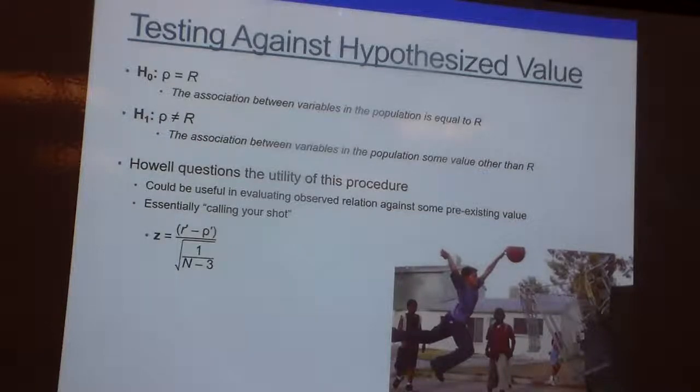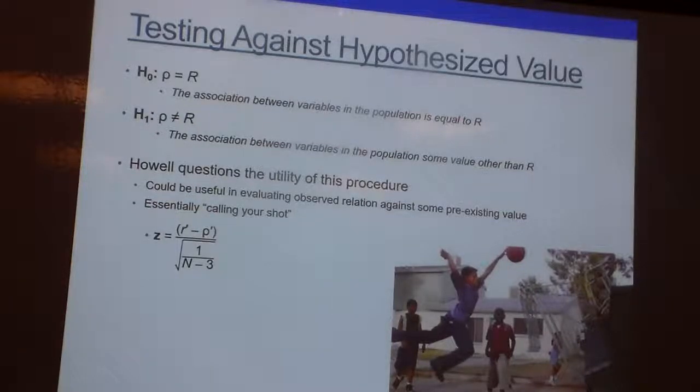The way to do this, again, is pretty straightforward. We're testing this with a z-test. We're going to take the correlation that we're interested in, translate it using Fisher's R to Z to create R prime, and subtract from that rho prime. This is just whatever we're testing against, the population value that we've set as our hypothesis. We take that value and R to Z it to create rho prime.